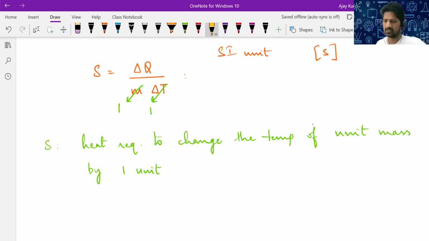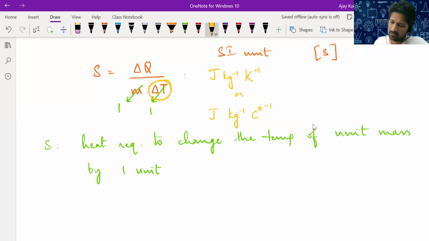Kelvin is the SI unit of temperature, but notice here that this is temperature change. Fine. And temperature changes are same on the Kelvin scale and also on the Celsius scale. So you can write the unit as joule per kg per Kelvin. Fine. You can also write it as joule per kg per Celsius degree. Okay. Effectively, they are the same.